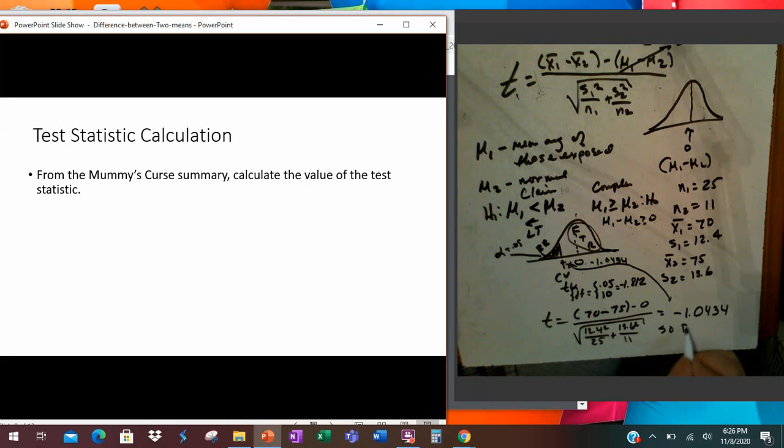So FTR, fail to reject, H0, and that was basically that we can't reject the possibility that mu1 is greater than or equal to mu2. Okay, there's a possibility that they are equal, so we cannot support the claim. There's insufficient evidence to support that claim at the alpha 0.05 level.